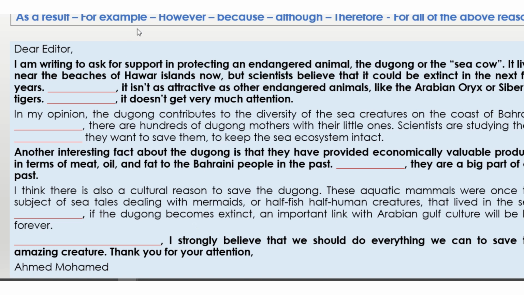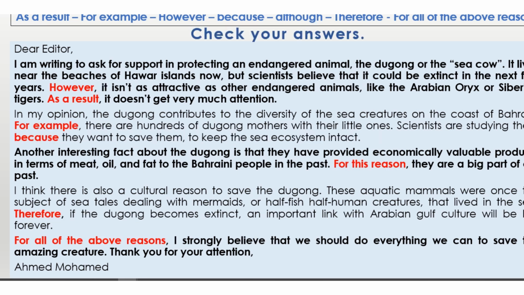So I guess, should we take as a result, for example, however, because, although, therefore, or for all of the above reasons? We need to think about it. You are making a conclusion, a summary. Which word should we take? Please write them in the comment section, and then we will come to the answer.